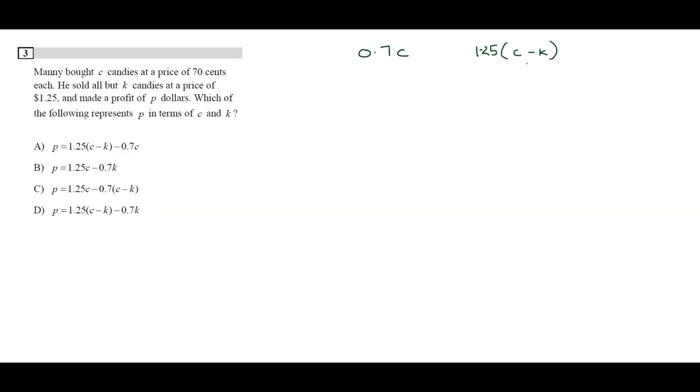And the reason we're doing this is to find out how many he sold at this rate. And he made a profit of P dollars. So generally, your profit is going to be your sales price minus purchasing cost.